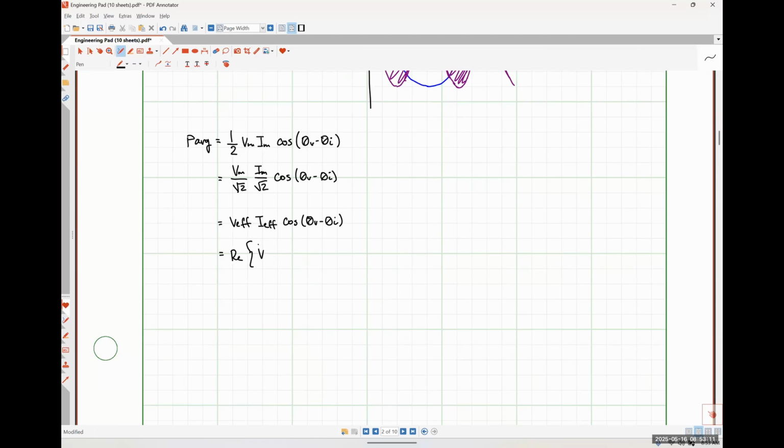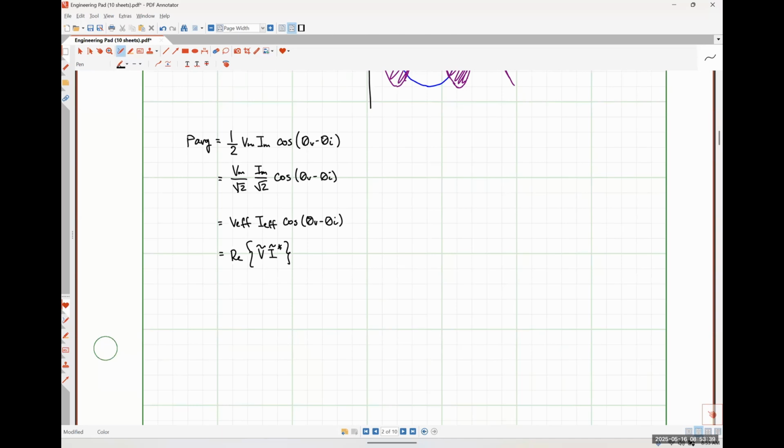So I'm going to put V, and this is going to be with a tilde over it. So this represents, instead of a phasor voltage, an RMS phasor voltage. And we're going to talk about what that means here in just a second. And then I'm going to have I as an RMS phasor current, and I'm going to conjugate that. And I have to do the conjugate, otherwise I would have cosine theta V plus theta I, okay?